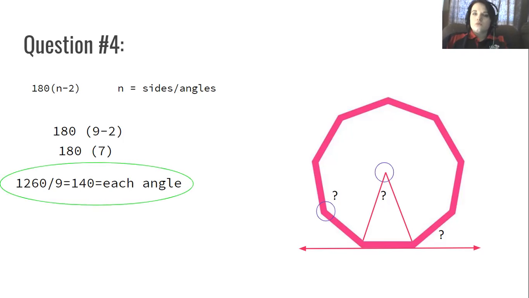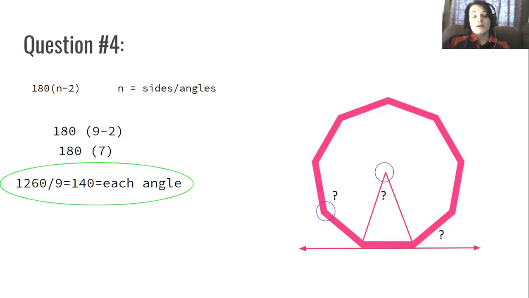Well, we don't have anything like 7x, 3y, nothing like that like we did in our last problem. We just have simple angles, vertices. So what we're going to do is divide by the total number of vertices that we do have, total number of angles.